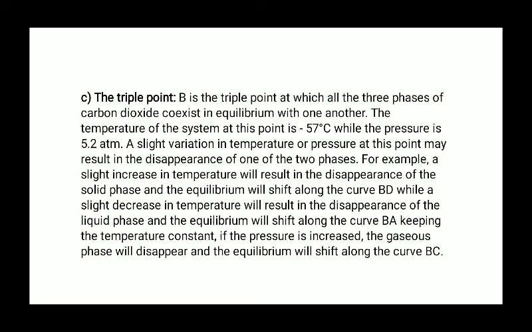For example, a slight increase in temperature will result in the disappearance of the solid phase and the equilibrium will shift along the curve BD, while a slight decrease in temperature will result in the disappearance of the liquid phase and the equilibrium will shift along the curve BA. Keeping the temperature constant, if the pressure is increased, the gaseous phase will disappear and the equilibrium will shift along the curve BC.